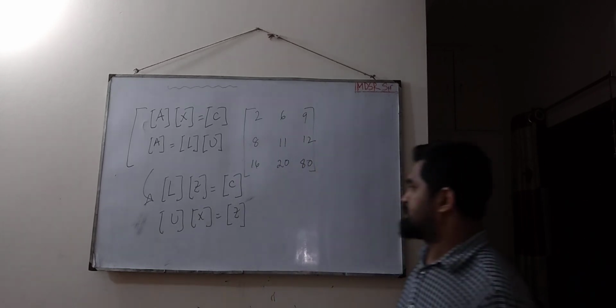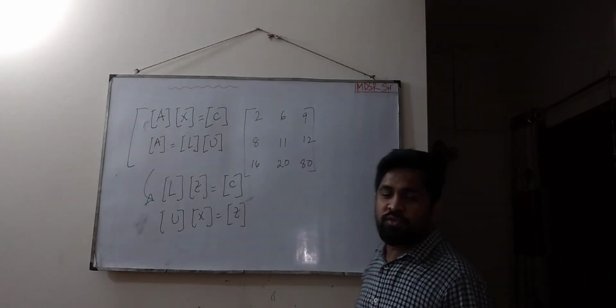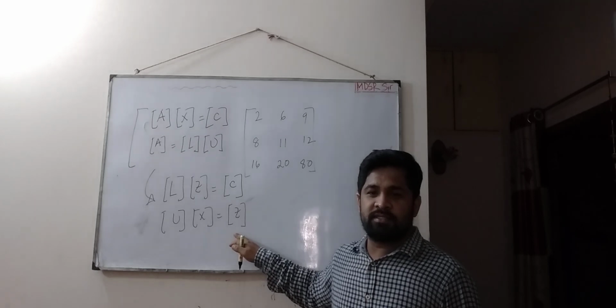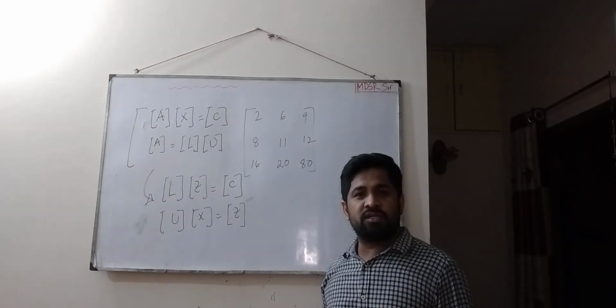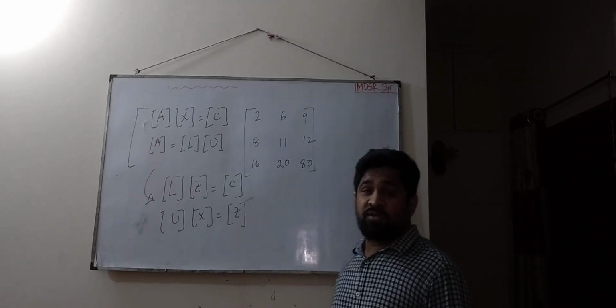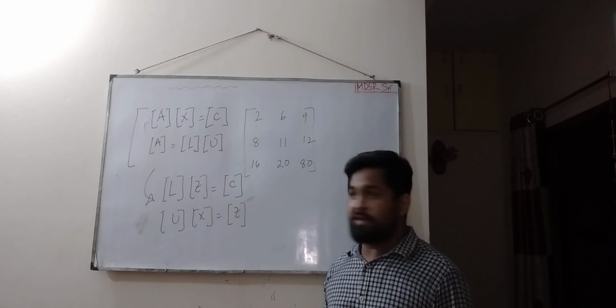So this is a matrix. We can decompose this matrix using these two steps. Today's lecture is just to show you how to decompose this matrix using these two steps. Hopefully that makes sense.